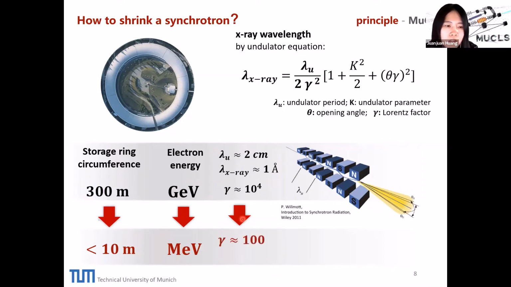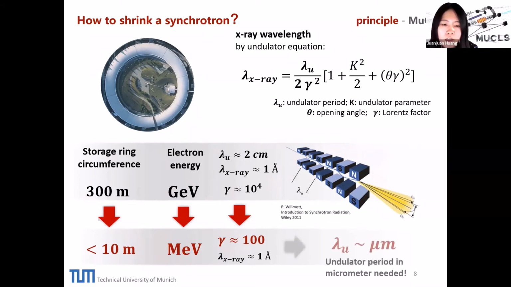When reducing the electron energy, the gamma factor needs to be reduced by a factor of 2. And this is the undulator equation. According to this equation, if we still want the X-ray energy to be unchanged, let's say 1 Angstrom, this means that the undulator period has to be reduced by a factor of 4. That means an undulator period in micrometers is needed.